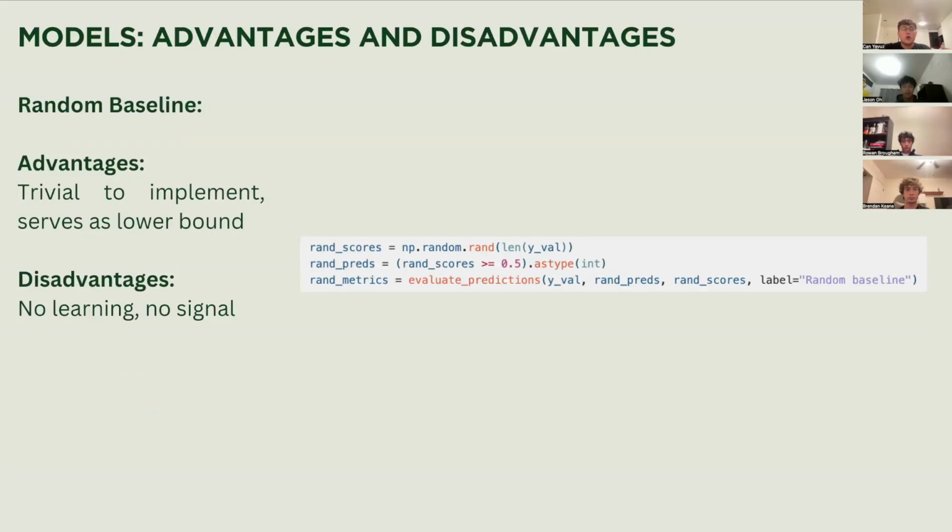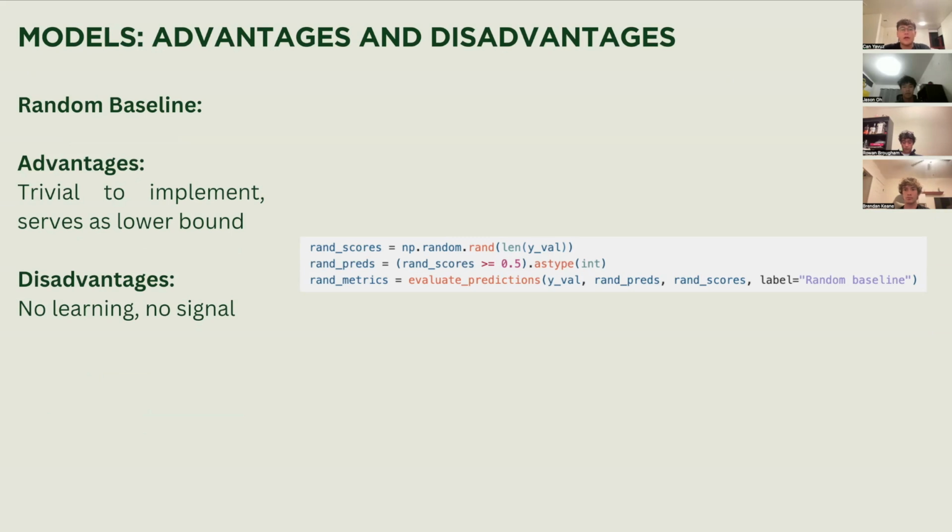So moving on to our models, we have two baselines, and the final model that we chose was logistic regression. The random baseline helps us set the lowest possible bar, and its accuracy sits around 50% because random guessing produces around that number.